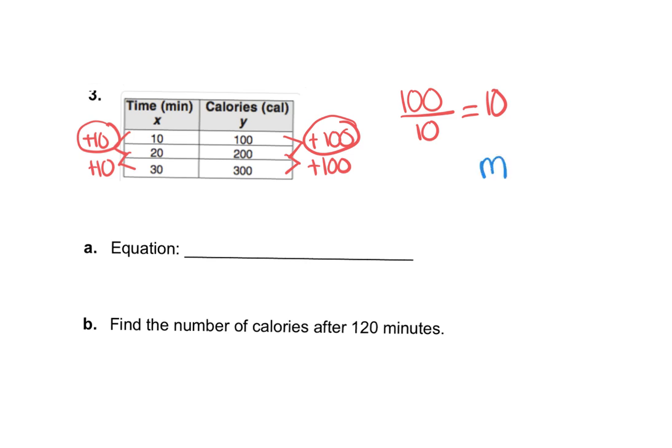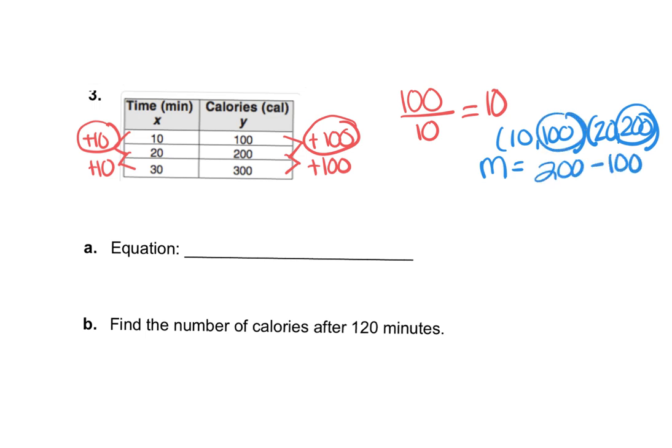So you could go slope, and we would have let's just take 10 and 100, and 20 and 200, where we're taking the y of 2 minus the y of 1 all over 20 minus 10.